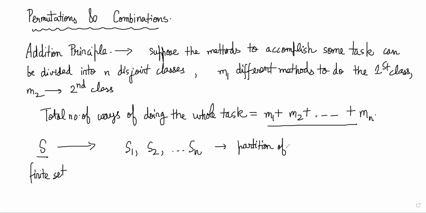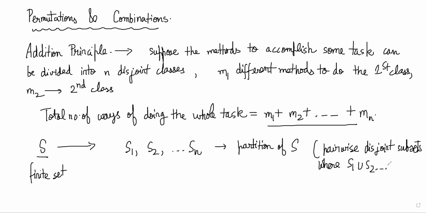Partition is a set of pairwise disjoint subsets whose union becomes the whole set S. That is, S1 union S2 union Sn is equal to S. That is a partition of the set S.